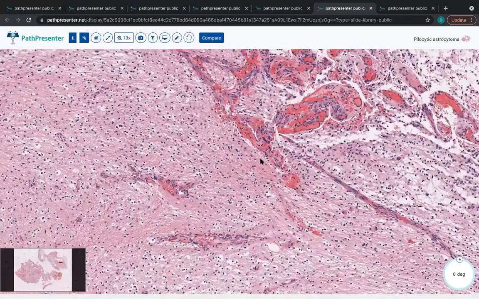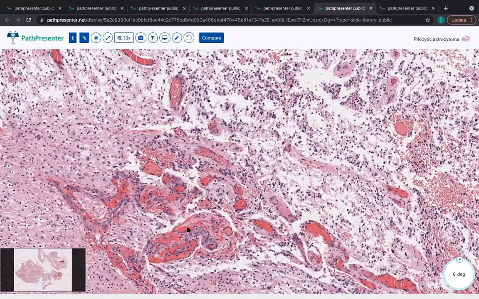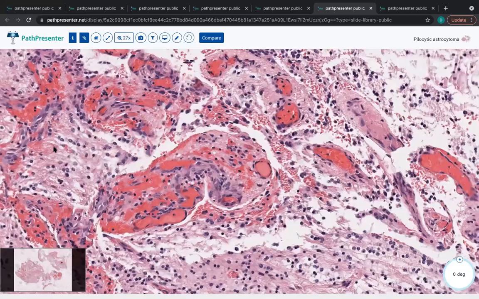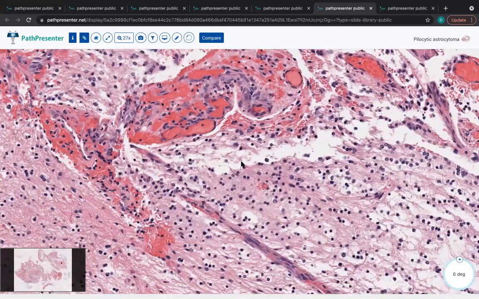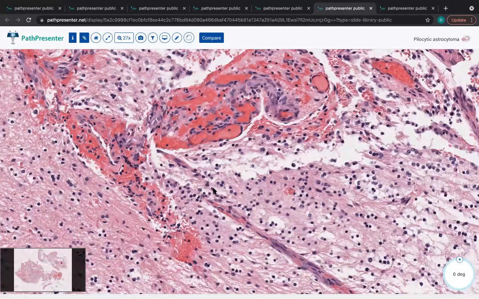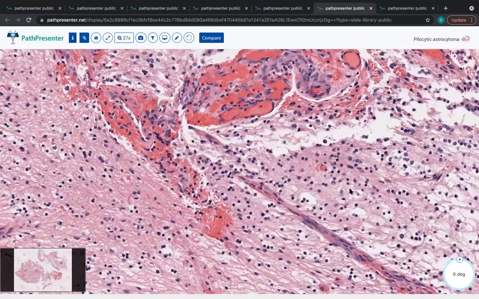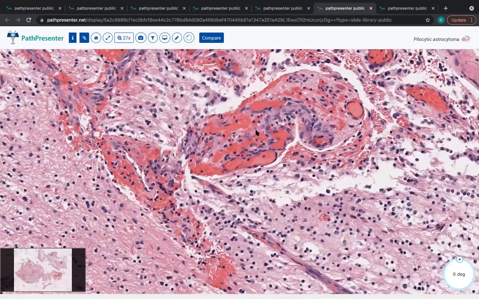And then when we move to the looser areas, we can see a few features, not the least of which is that we have microvascular proliferation. So one of the difficulties, if one is encountering a tumor that doesn't fit the classic clinical presentation of a pilocytic astrocytoma but has this kind of morphology, is that this is either a grade 1 tumor or a grade 4 tumor because of the vascular proliferation.